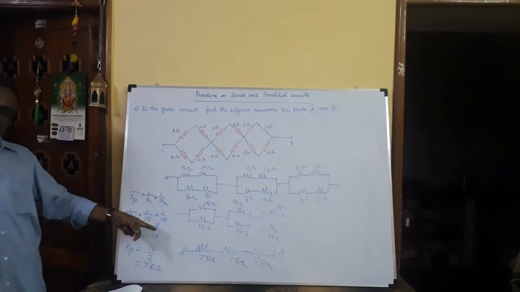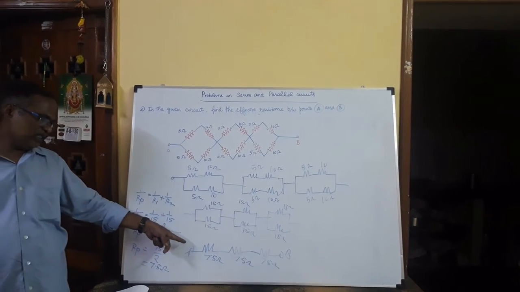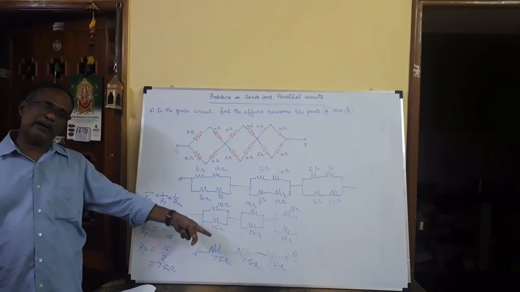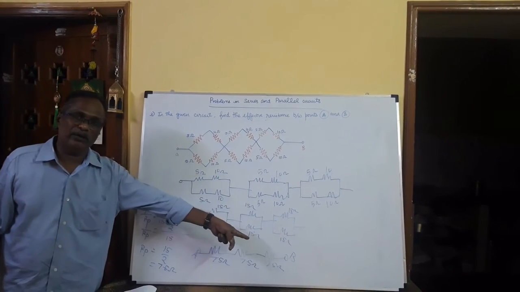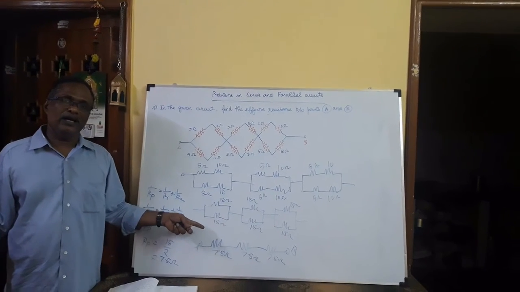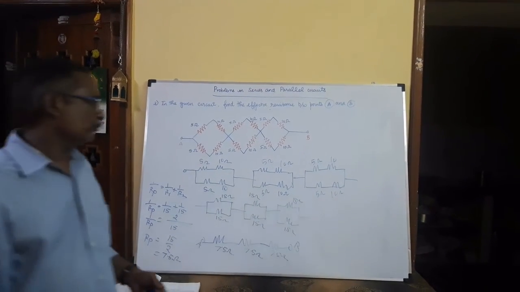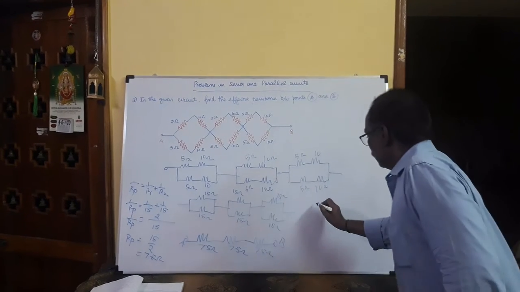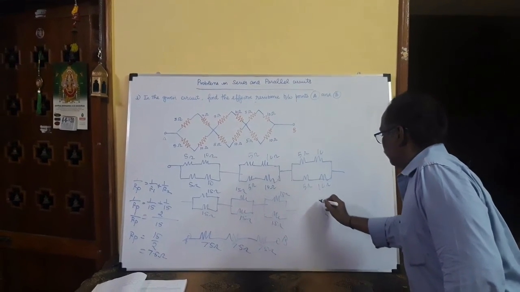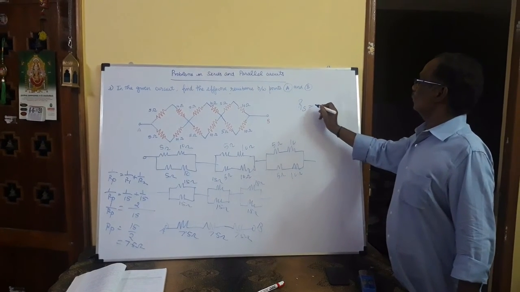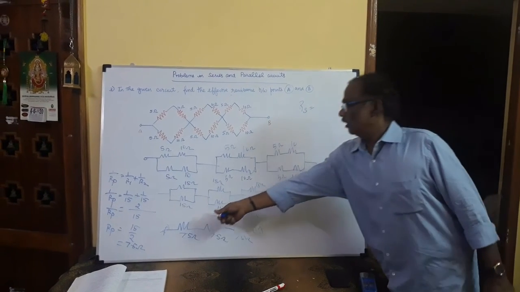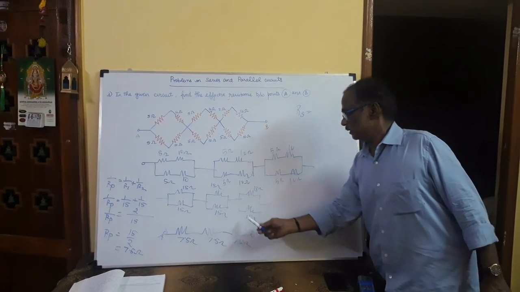Now if you look at the last diagram, these three resistors are in series: 7.5, 7.5 and 7.5. What is the equivalent resistance of the series circuit? RS is equal to this plus this plus this.